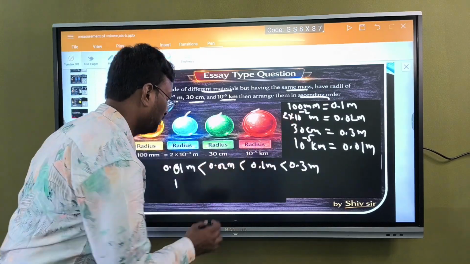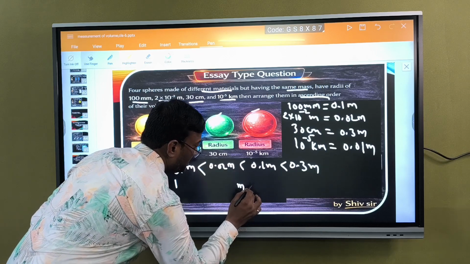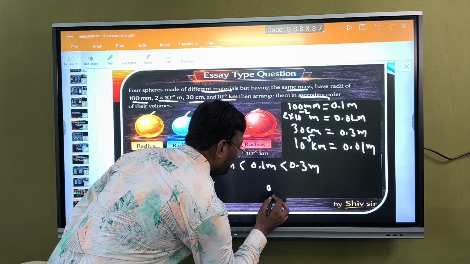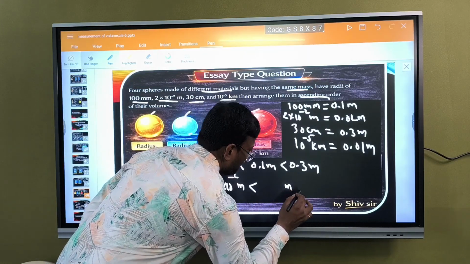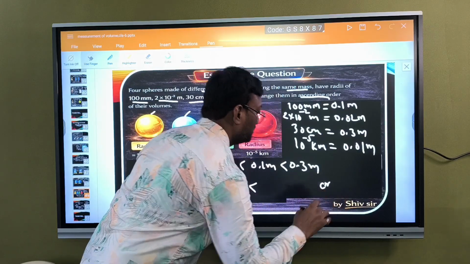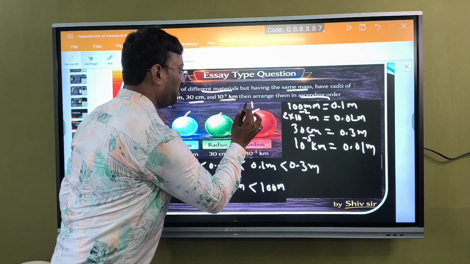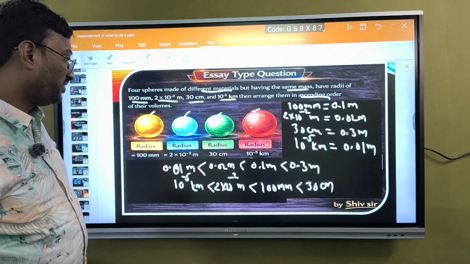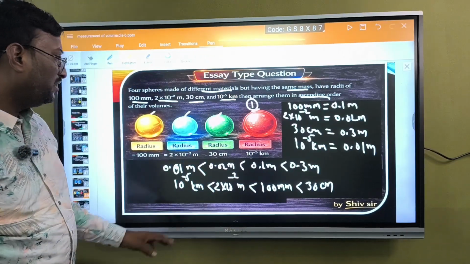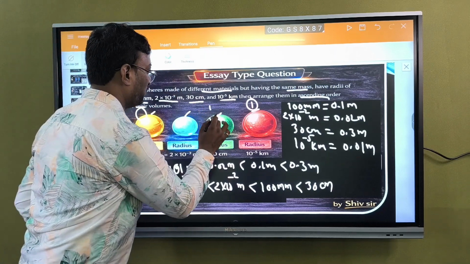What is 0.02? 2 into 10 to the power of minus 2 meters is less than, what is 0.1 meter? 100 millimeters is less than, what is 0.3? 30 centimeters. So which is the least one? 10 power minus 5 kilometers. This is the first one in ascending order. 2 into 10 power minus 2 meters will be the second one. And what is the third one? 100 millimeters will be the third one. And 30 centimeters will be the fourth one.